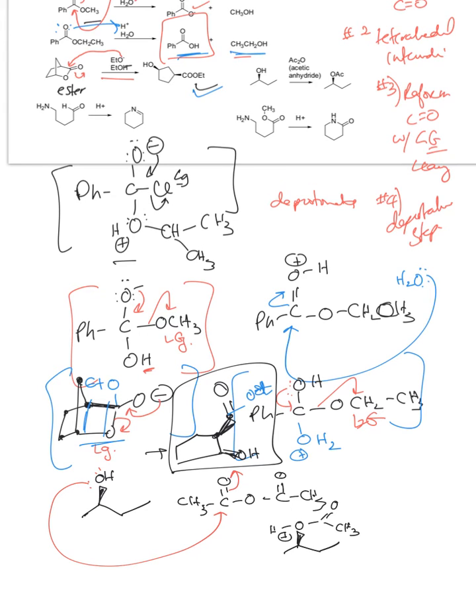Let me redraw that. All right. OH goes there. O minus. Then you have CH3. You have this portion, O, carbonyl CH3. This is your leaving group. So when this reforms, this leaves to give you your product.